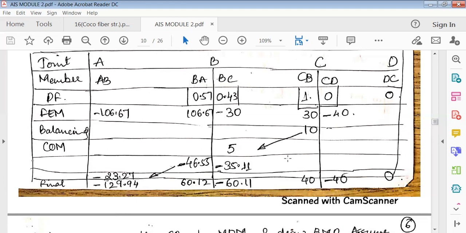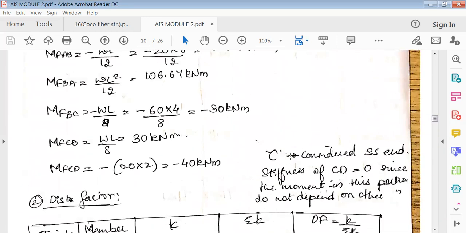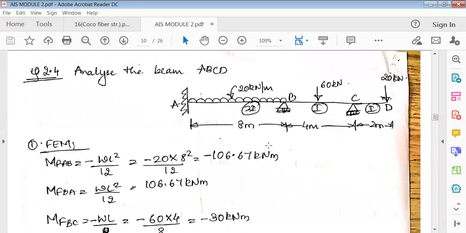Next, you have to just draw the bending moment diagram. As usual, draw the bending moment diagram. Of course, for this I have not done it because it's the same as the previous problem. So first draw the free bending moment, that is the UDL here. Then there is a point load here, and this load comes below here like this, 20 into 2.